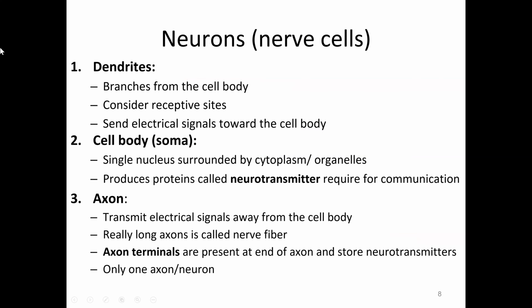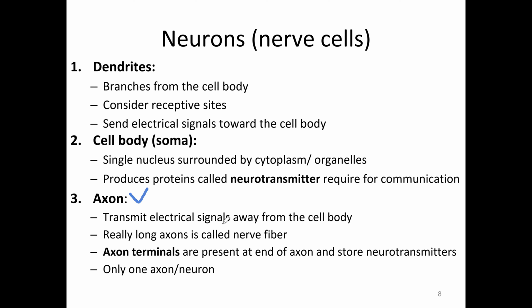So if you go back, you can read over here: dendrites branch from the cell body, are considered receptive sites, and send electrical signals towards the cell body. Cell body or soma has a single nucleus surrounded by cytoplasm and organelles, and produces proteins called neurotransmitters required for communication.